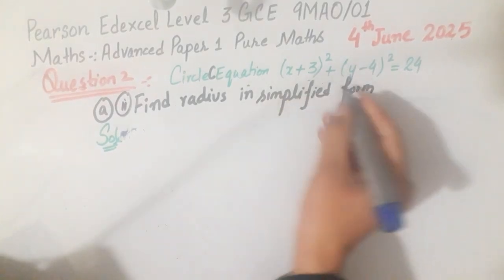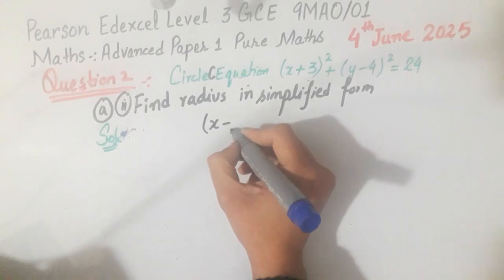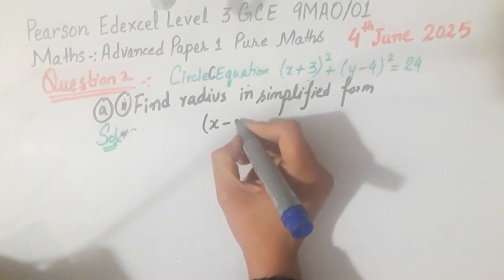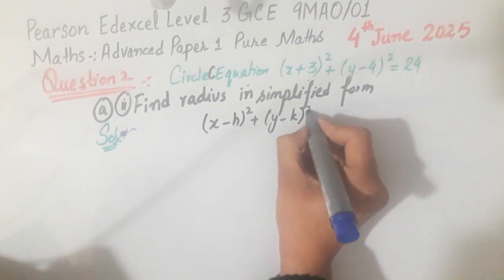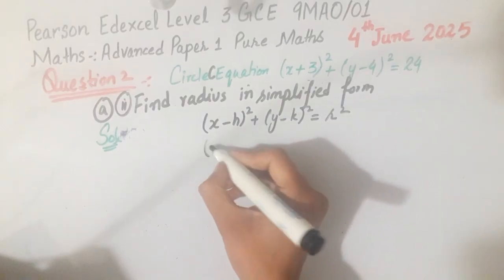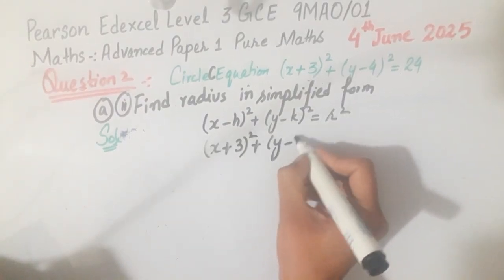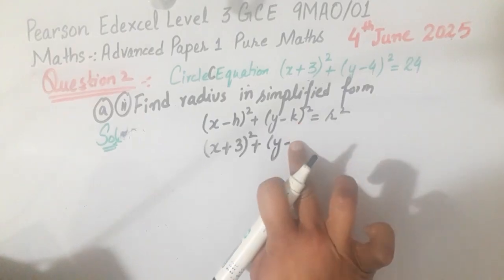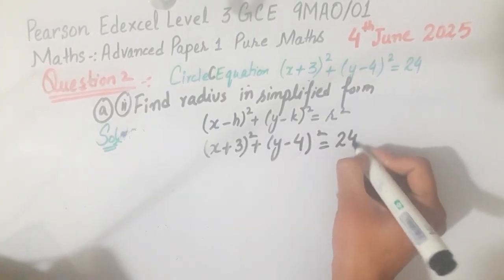So we will compare our equation with the standard circle equation, that is (x minus h) squared plus (y minus k) squared equals r squared. By comparison with the given equation, (x plus 3) squared plus (y minus 4) squared, in place of k we have 4, and it equals 24.